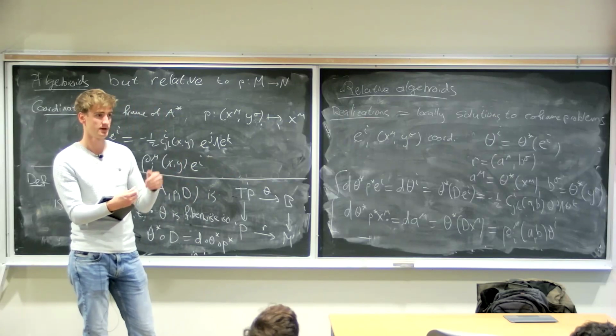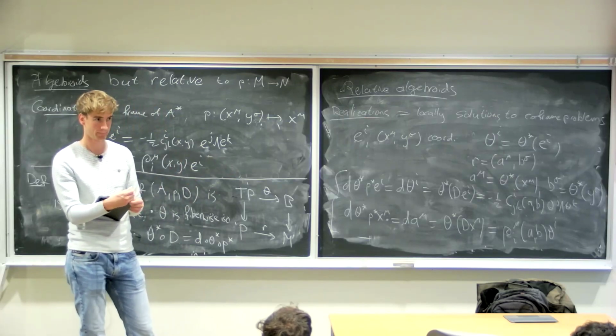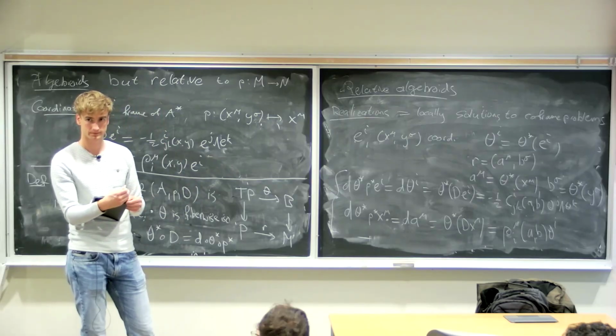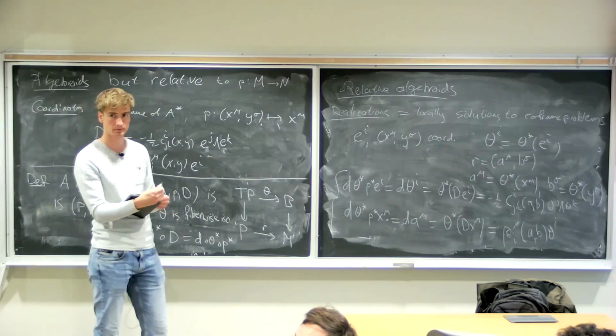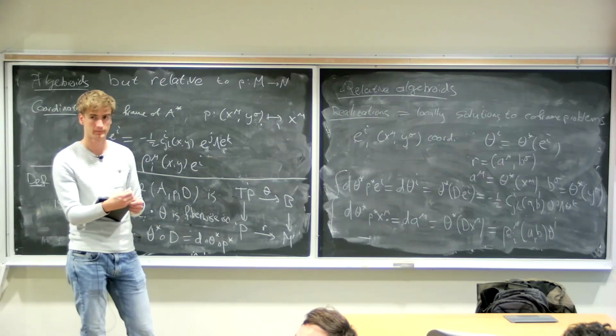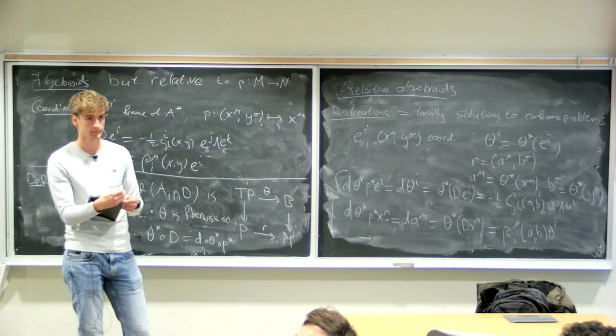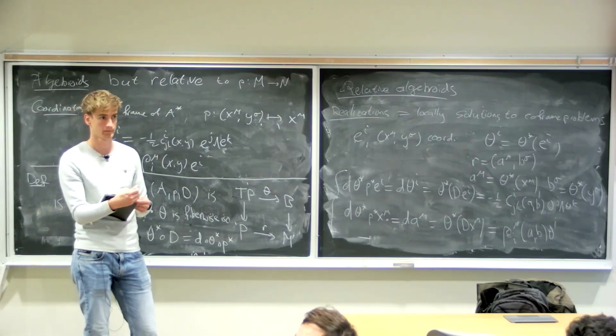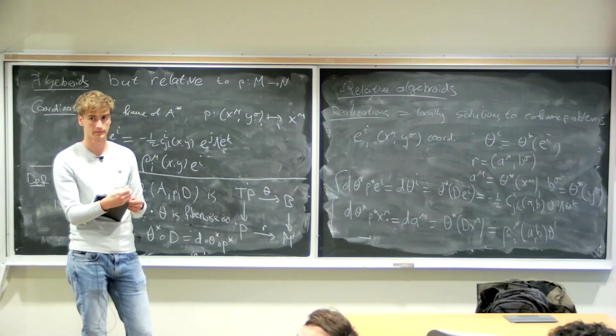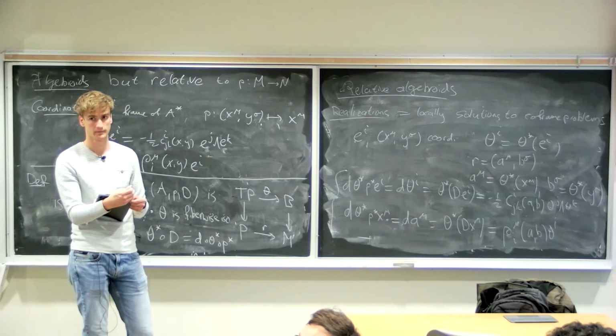It's only a submersion over the leaf. And an algebroid, it will take a subset of a leaf, and the realization is a local integration of the restriction of the algebroid.